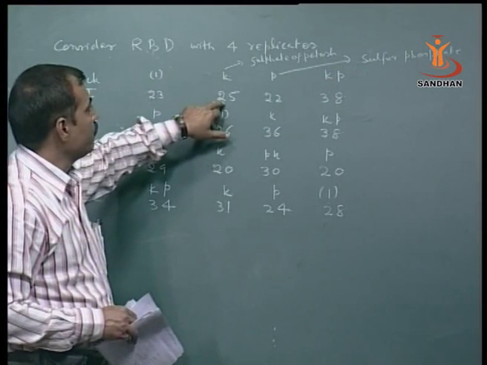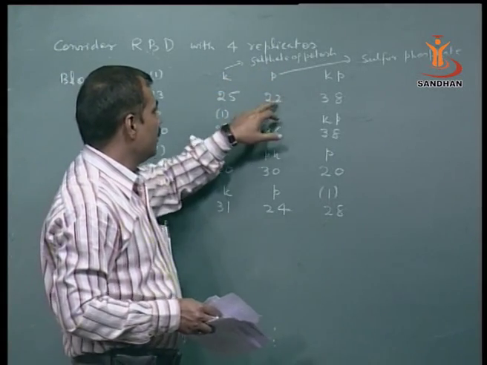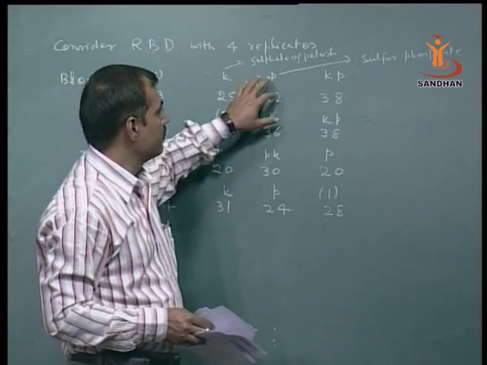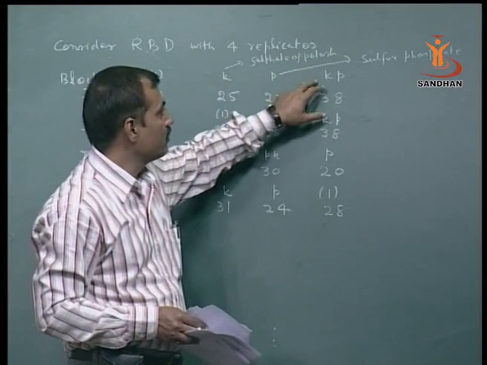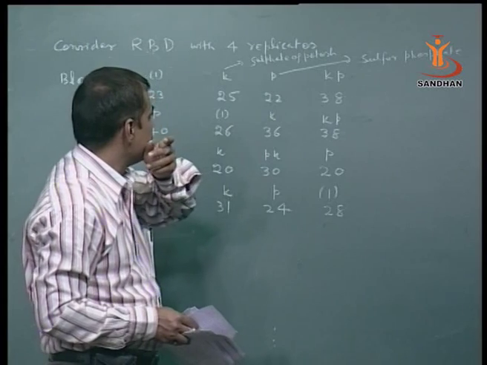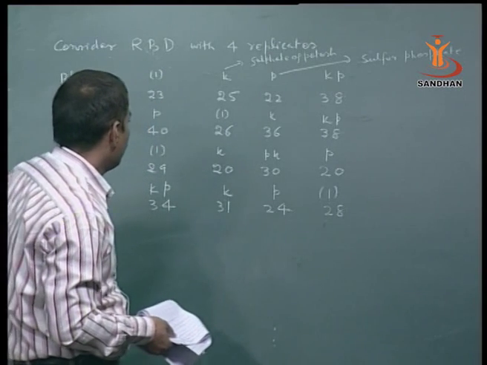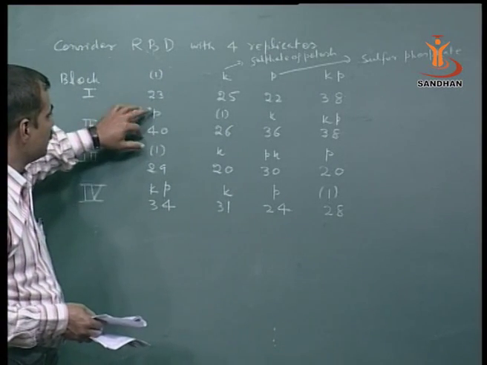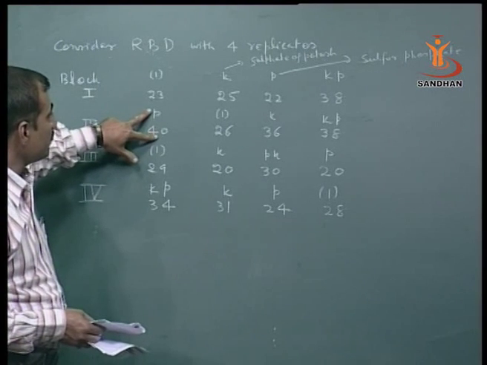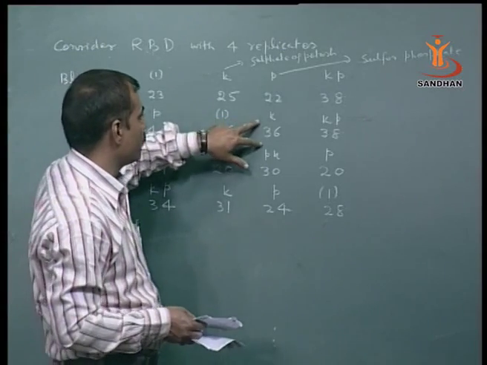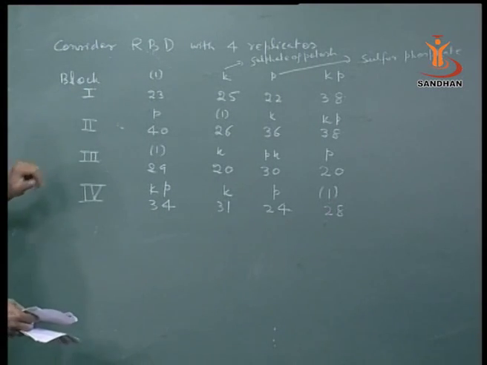Yield 25 is when only sulfate of potash is applied, and yield is 22 when only sulfur phosphate is present, that is sulfate of potash is absent, and 38 is the yield when both chemicals are applied. For a particular crop you may consider potato, tomato, whatever we want. Similarly here, only sulfur phosphate is available, both are absent, here only sulfate of potash, here both chemicals, and so this is how we apply it in RBD.